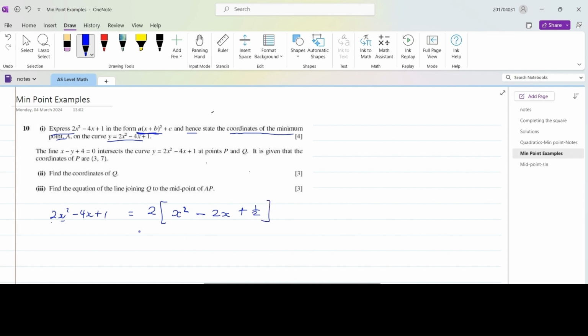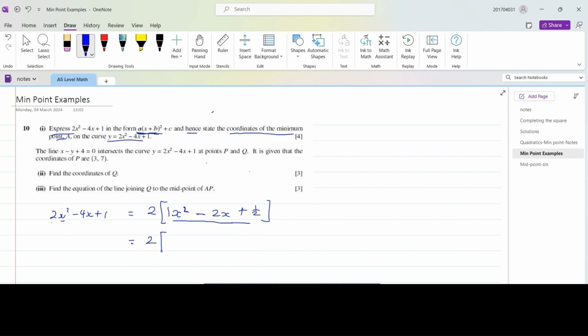Now this allows us to complete the square of the function in the square bracket, because the coefficient of x squared is now 1. So that allows us to finally complete the square.